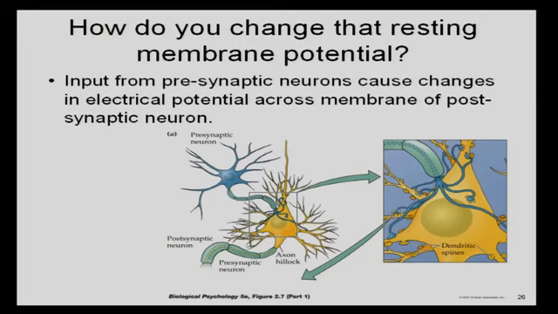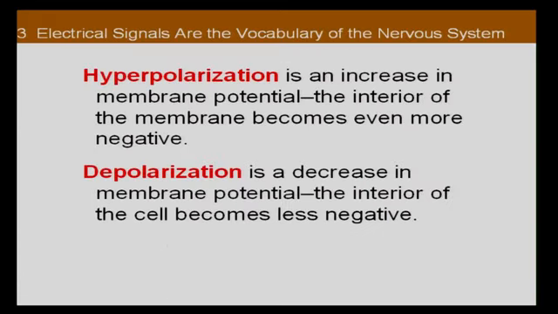Well, inputs from other neurons can change the resting membrane potential of your target neuron, and input from presynaptic neurons can cause changes in electrical potential across the membrane of the postsynaptic neuron. Our postsynaptic neuron here is the neuron that we are interested in. Now, there's two types of changes that you can see in our target neuron.